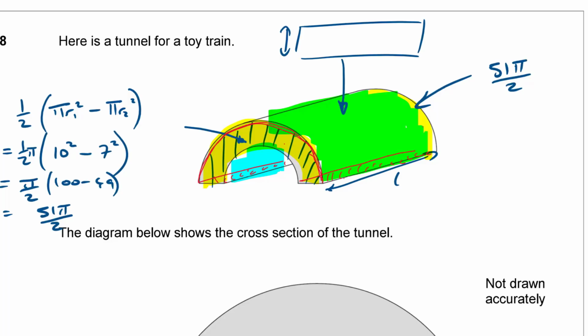So the bigger circle has got a radius of 10, which is a diameter of 20, so a circumference of 20 pi. So it's going to be pi times the diameter, and then we're going to halve it, aren't we? Pi times diameter over 2, which is 20 pi over 2, which is 10 pi.